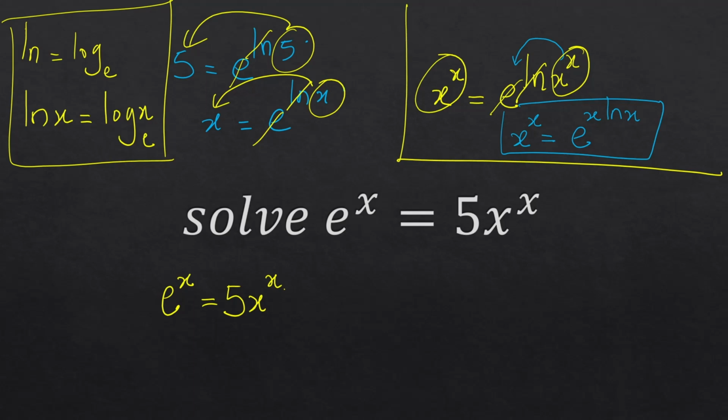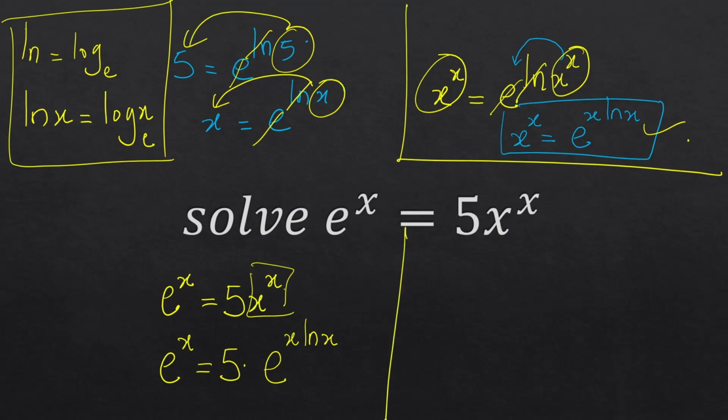So let's get started. For this question, I am going to have e raised to power x equal to 5 times. Now, instead of writing x raised to power x, I'm going to write it as e raised to power x ln x, just like I did here.